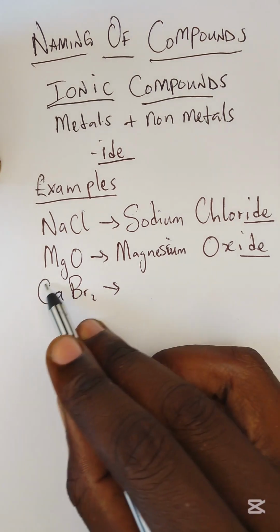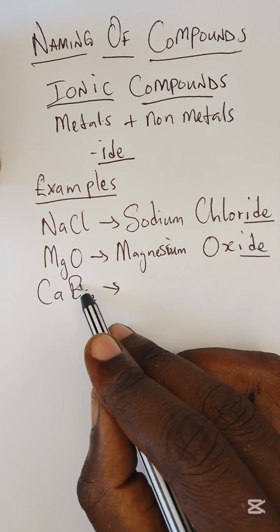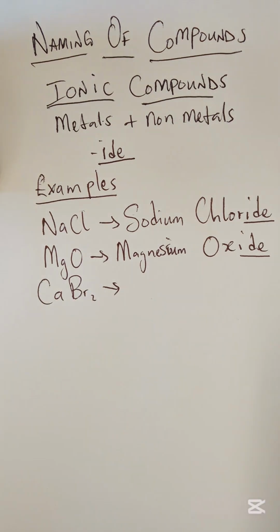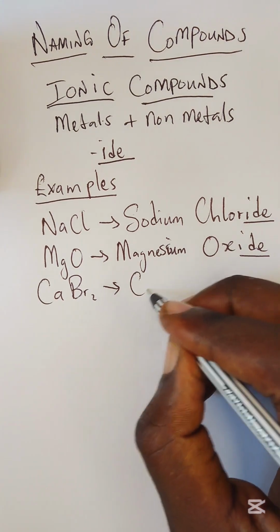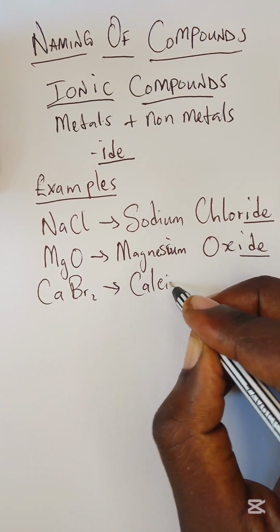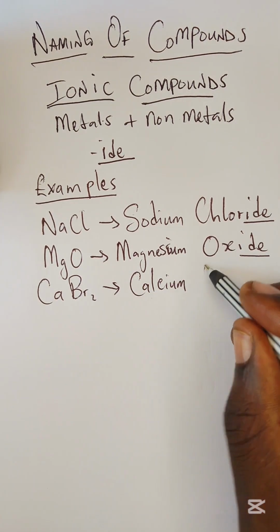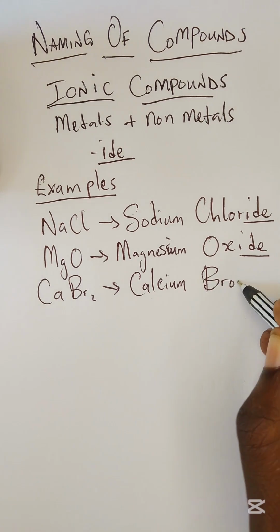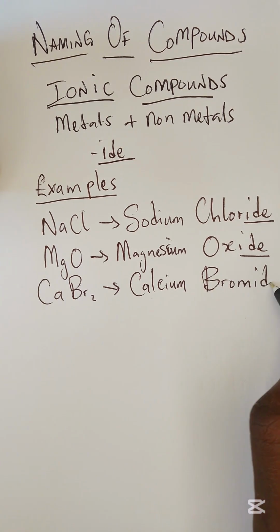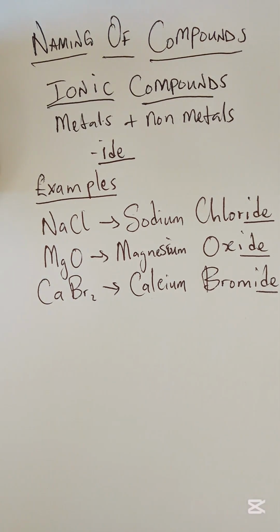This is a metal element, and this is a non-metal. So in writing it, we say this is calcium, and then bromide, IDE at the end. So this is how we name ionic compounds.